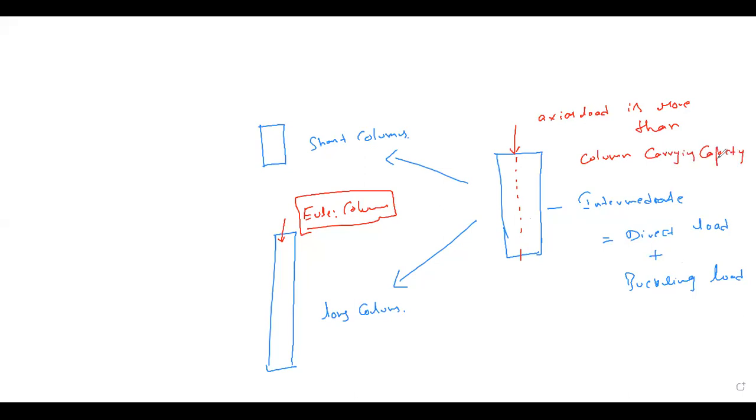If the axial load acting on the column exceeds the column carrying capacity, that column will definitely crush. To know whether my column will crush or not, we have to check with the Rankine formula. Clear?